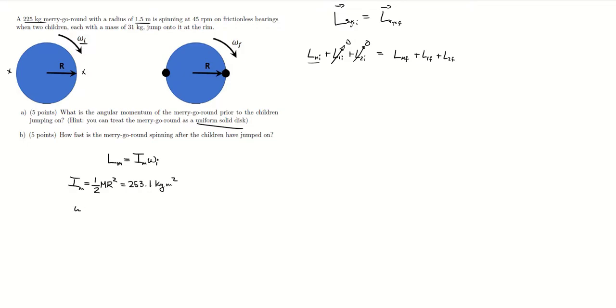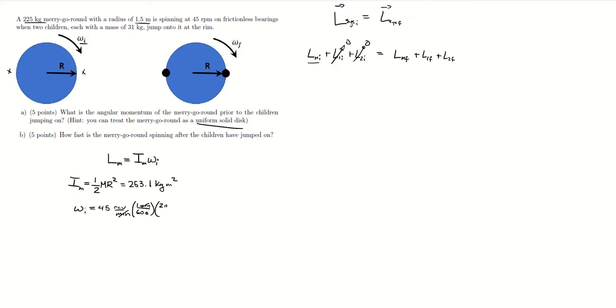And the initial angular velocity is 45 revolutions per minute. We could leave this in revolutions per minute, but we probably want to convert this into our standard radians per second. So how do we do that? We would multiply that by 1 minute divided by 60 seconds. That's essentially multiplying by 1, and then the minutes would cancel, and we'd have it in revolutions per second.